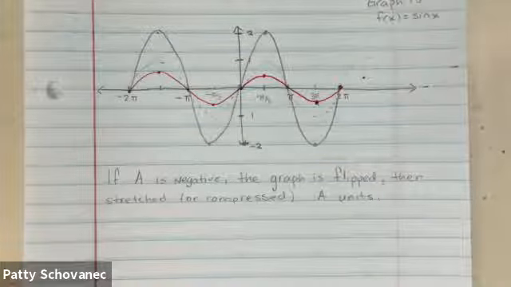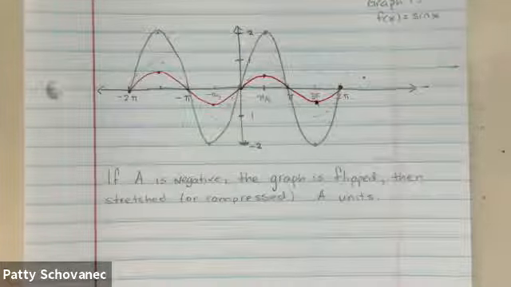So I'm going to graph for you f of x is equal to -3 times the sine of x.